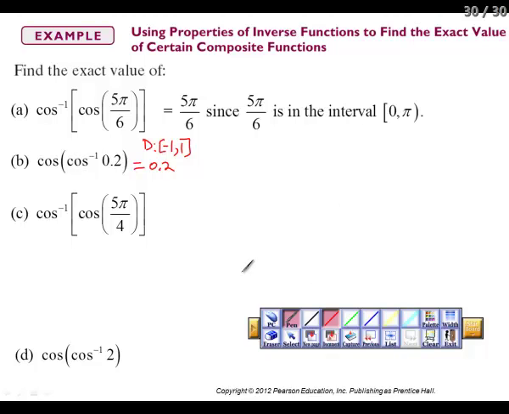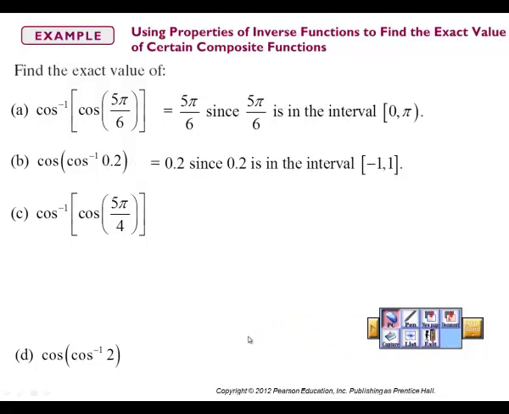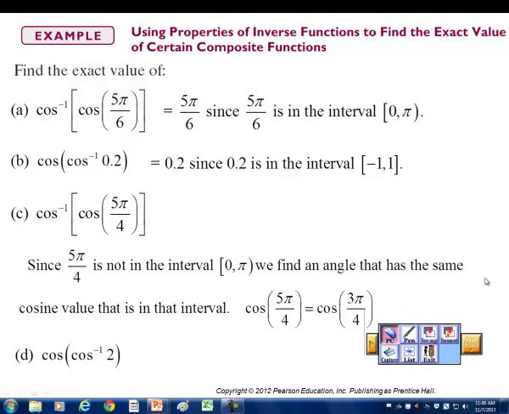Alright. And then the next one, cosine at 5 pi over 4, is that within the domain for cosine? Well, the domain for cosine is 0 to pi. So that's outside of the domain.